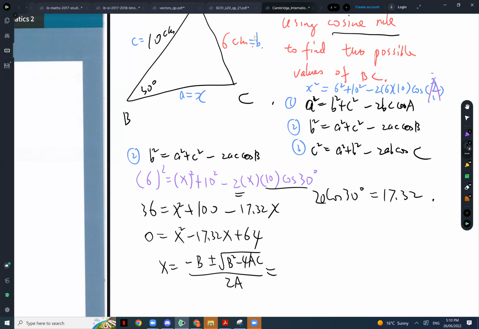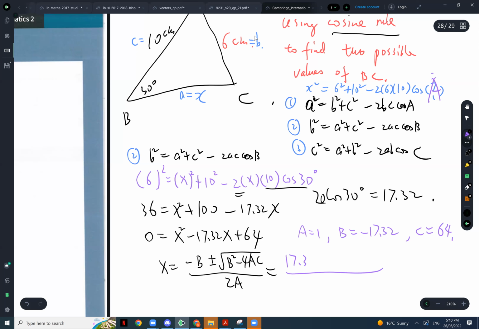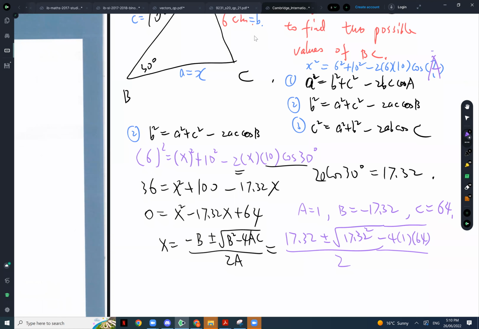Yeah. So quadratic formula: A is 1, B is negative 17.32, C is 64. So x1 equals 5.34 and x2 equals 11.97 or 98 rounded. What's your value?